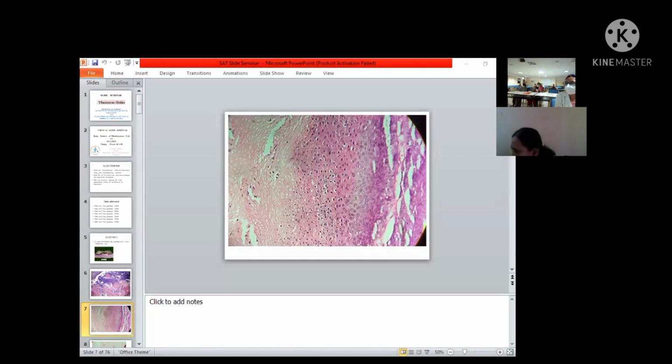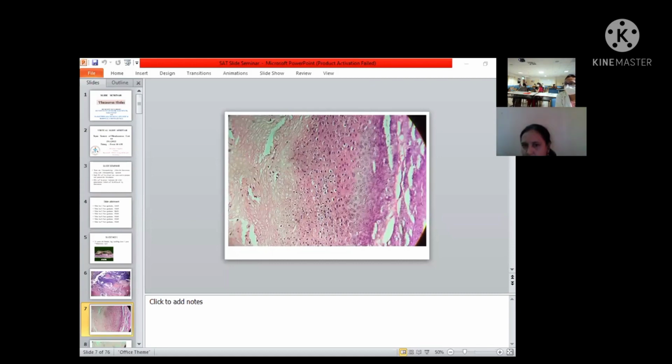This section shows foci of melanin and sheets of ghost cells where only the cellular margins are visible and nuclei are absent. This section shows sheets of ghost cells. This section shows foci of melanin with sheets of ghost cells.